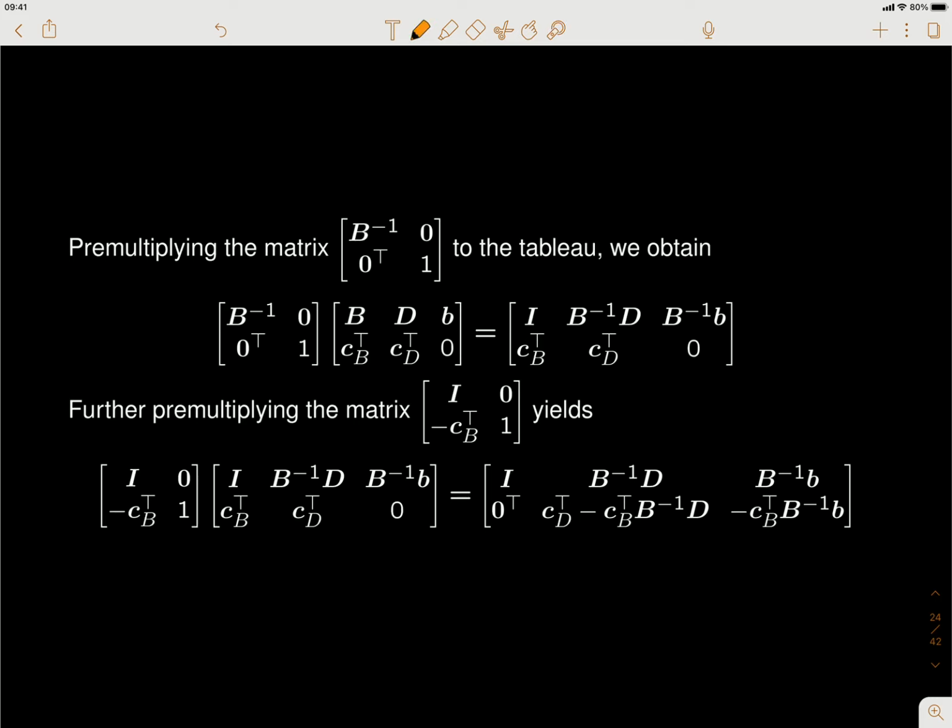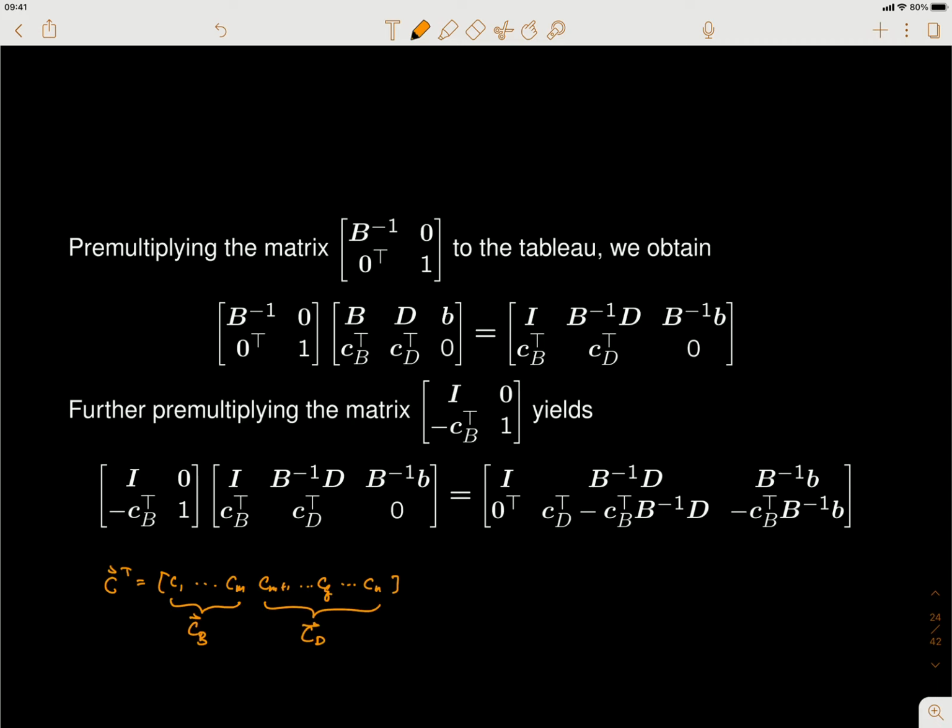Because the C vector, if I put a 0 vector, then I have the C1 all the way to Cm, and then we have the Cm plus 1, maybe I have the CQ in between, and then Cn. And then this part is called the CB vector, and this part is called the CD vector.